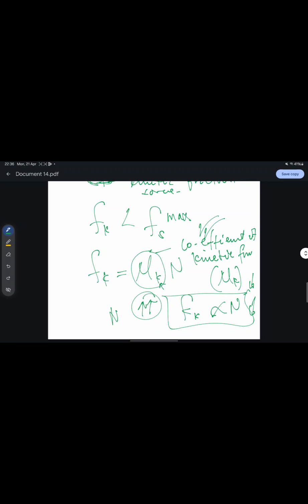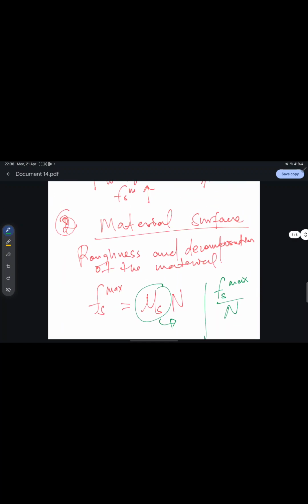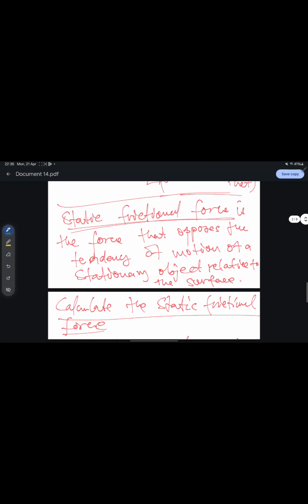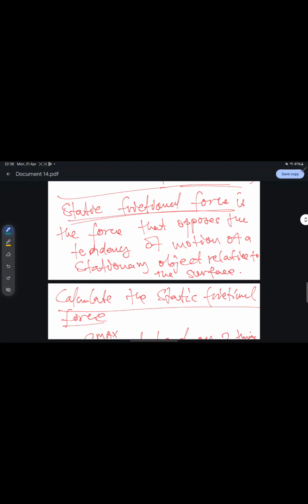Then what is the proper definition of a kinetic frictional force? Because we have said the proper definition of a static frictional force is the force that opposes the tendency of motion of a stationary object relative to the surface.